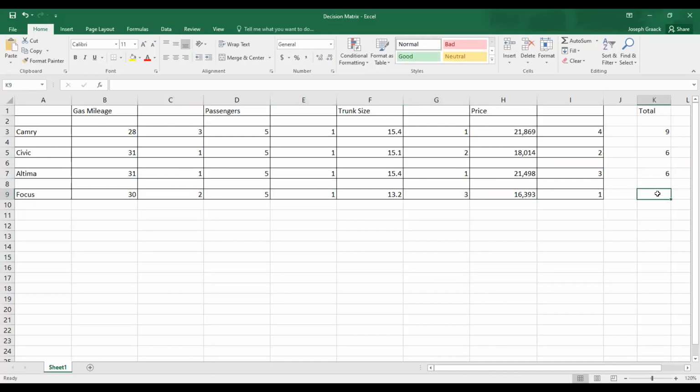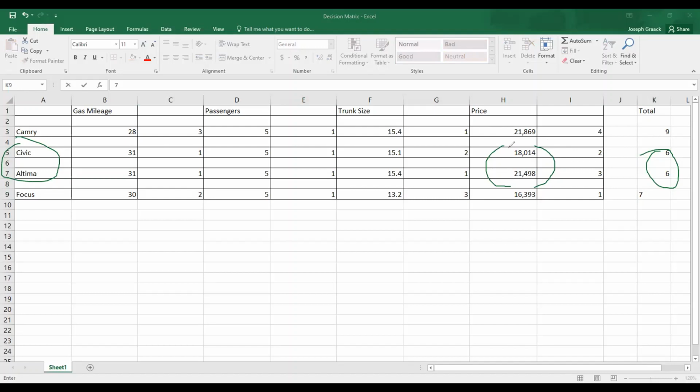Your Focus, 7. So then it comes down to this: 2 of our alternatives are both rated a 6, which is the best, tied for the best. But then when you look at probably one of the most important criteria, you can see that the Civic is $3,384 cheaper than the Altima.